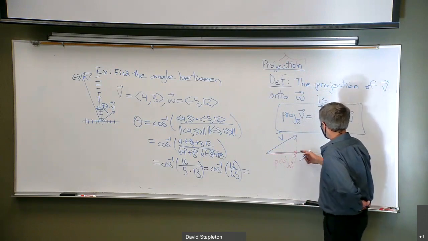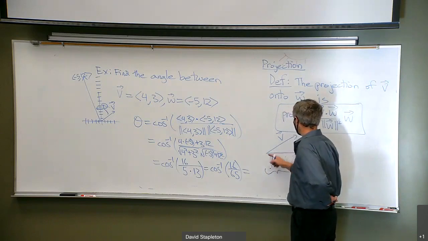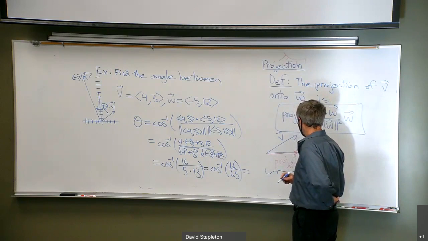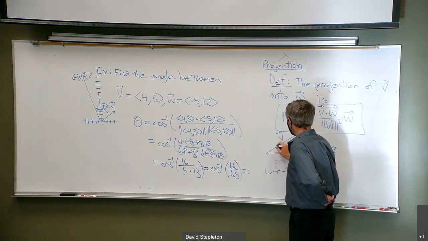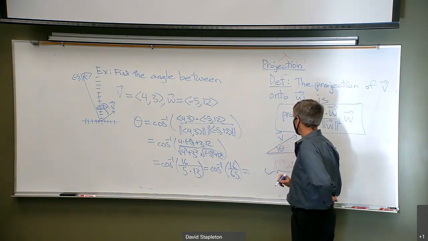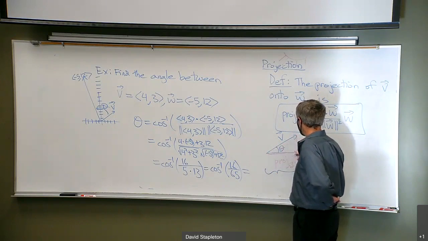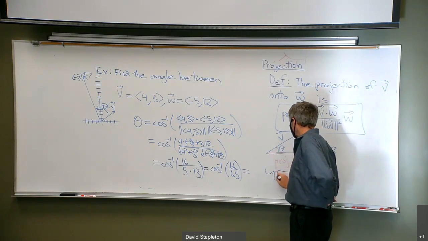We need it to have the right length, right? What is the length of this thing? If this is going to be the projection, what should be its length? Well, remember how triangles work? If this is V and W, then this is theta, the angle between them. In a right triangle, this side is length of V times the cosine of the angle, right?